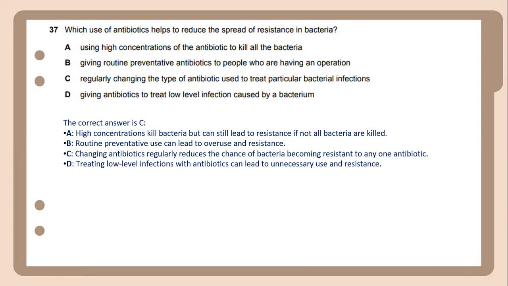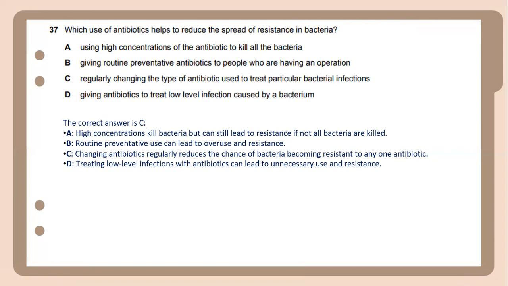Regularly changing the type of antibiotic used to treat particular bacterial infections reduces the chance of bacteria becoming resistant to any one antibiotic. And for the other answers, using high concentrations of the antibiotic to kill all the bacteria can still lead to resistance if not all bacteria are killed.